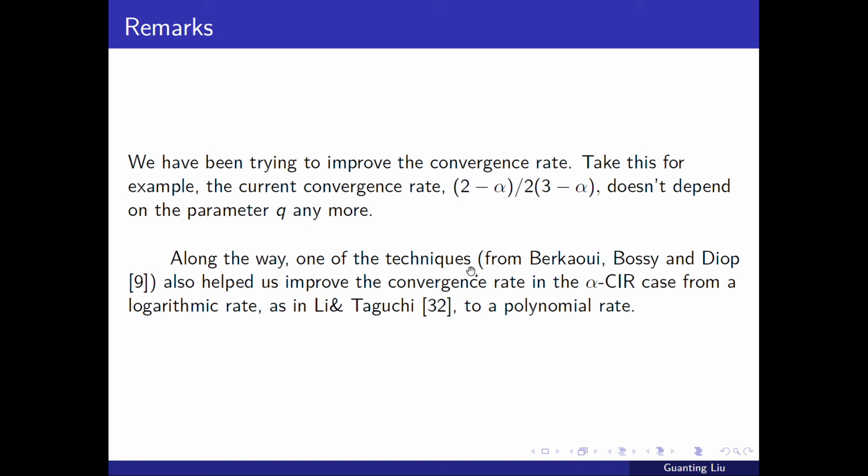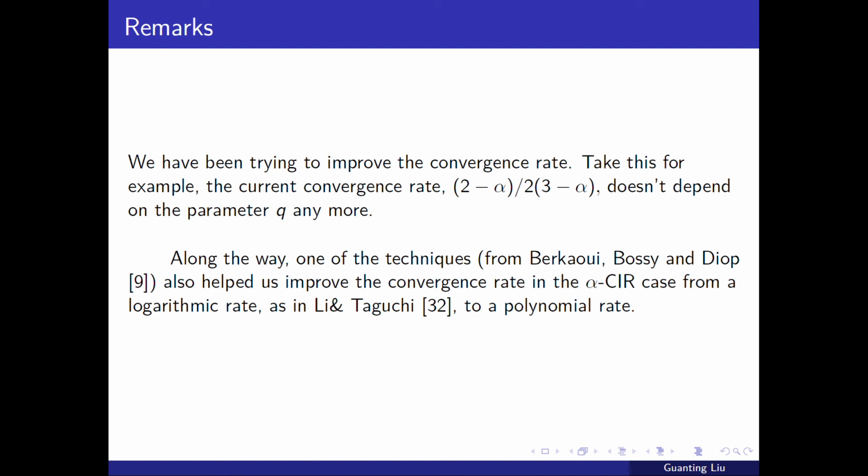And even recently, we're still trying to improve the convergence rate. Just take this for example, the current convergence rate (2 minus alpha) over 2 times (3 minus alpha) for the CEV, when Q is between half and 1, doesn't depend on the parameter Q anymore.